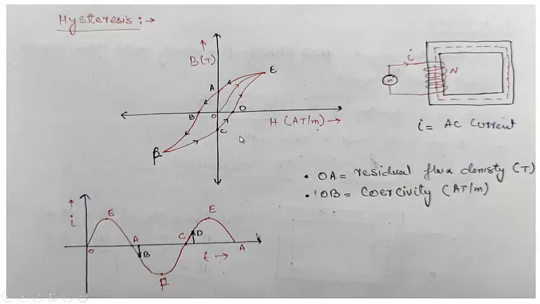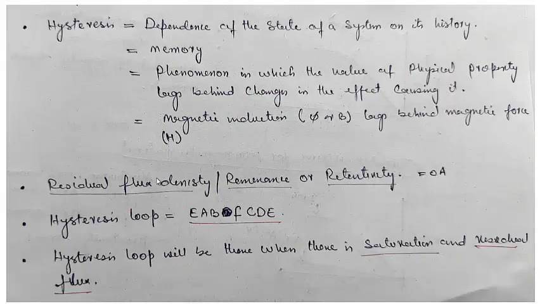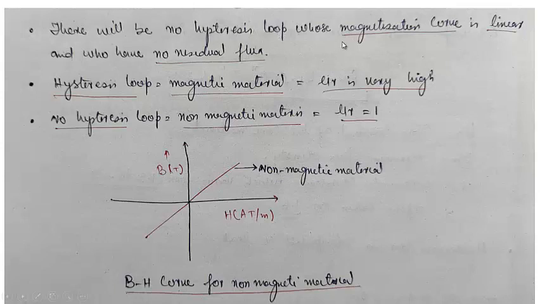For example, if we have another material whose BH curve is drawn in the positive and negative directions, but there is no saturation and no residual magnetic field, it will follow a straight line in the positive quadrant and a straight line in the negative quadrant. There will be no hysteresis loop and no saturation. So there will be no hysteresis loop if the magnetizing curve is linear and there is no residual flux. A hysteresis loop is there for magnetic material when mu r is very high.